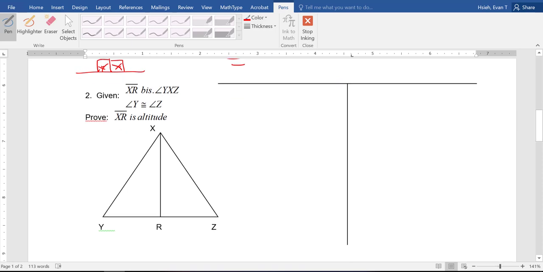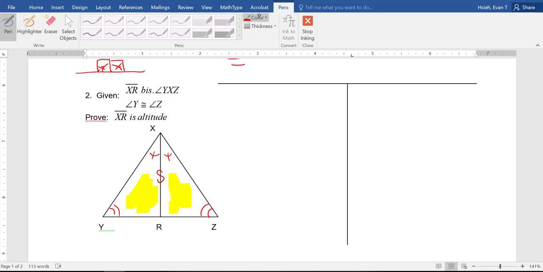RAT is that XR is a bisector of this angle up top here. So this angle is congruent to this. Angle Y is given to be congruent to angle Z. So I got two sets of angles congruent there. And I know I got a reflexive down here. So by angle and side, I know that these two triangles are congruent to each other.